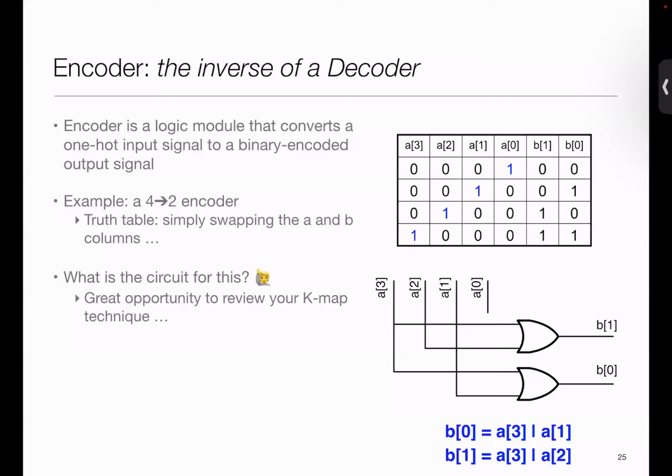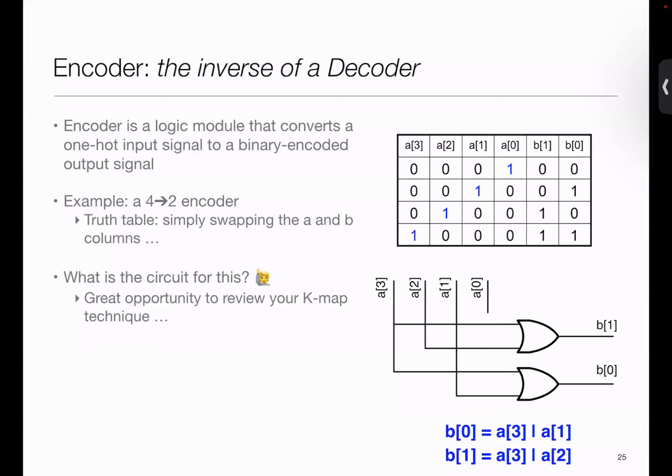For example, if we look at B0, then B0 is 1 when A1 is 1 or A3 is 1. And that's what we are seeing here. And likewise B1. Here we are making the assumption that only valid one hot codes will be seen. So I don't have to worry about what's happening in the other rows because we don't care. Okay, so a very simple implementation for this encoder.